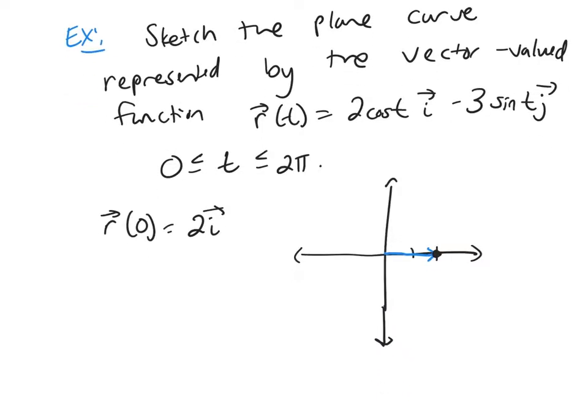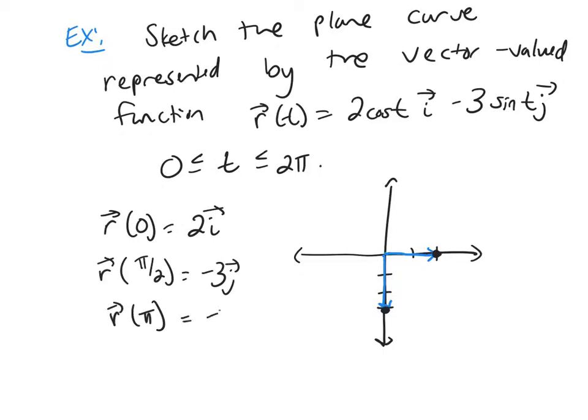And then plug in pi over 2, you would get negative 3j, because cosine of pi over 2 is 0. So negative 3j is going to point downwards. Here would be this vector, its terminal point would be down here. And then keep doing this.